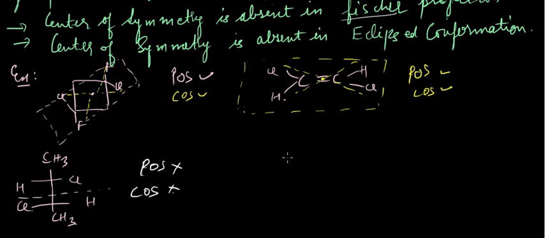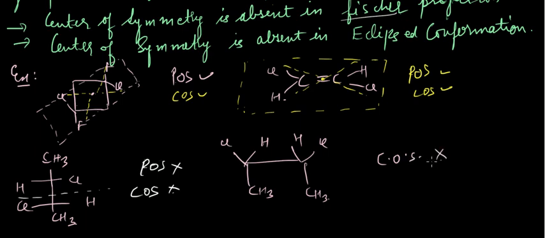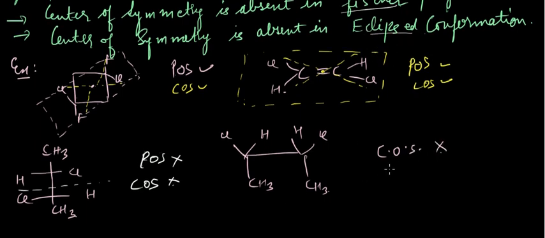Okay, let us look at some more examples. We have HCl and CH3. So is center of symmetry there in this compound? No. Why? Because it's eclipsed conformation.